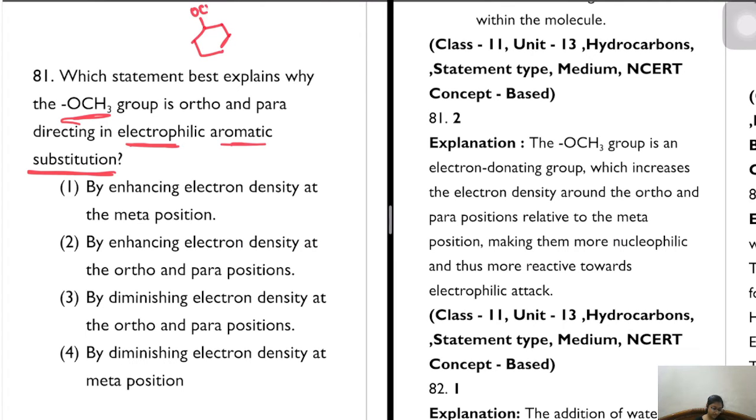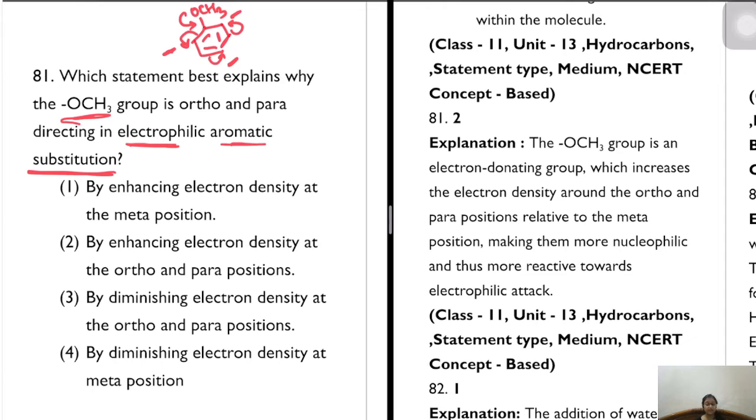This is OCH3, right? Whenever it donates its electron density, we'll have a negative charge here. Double bond here, then we have a negative charge here, and then a negative charge here.